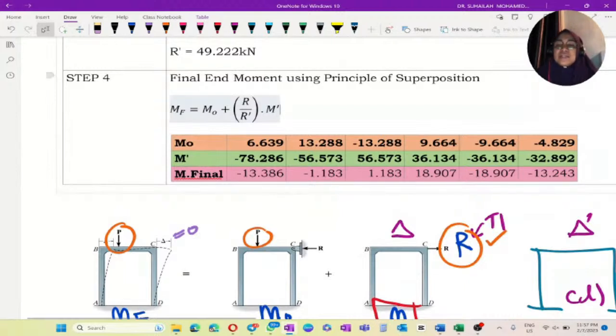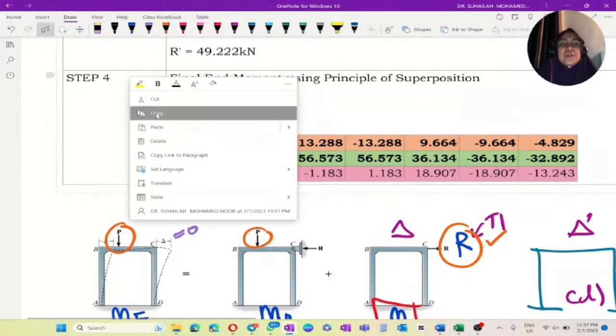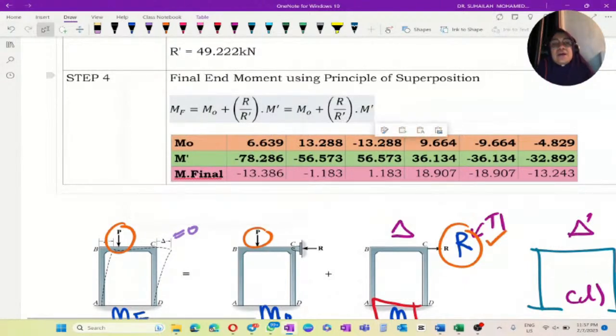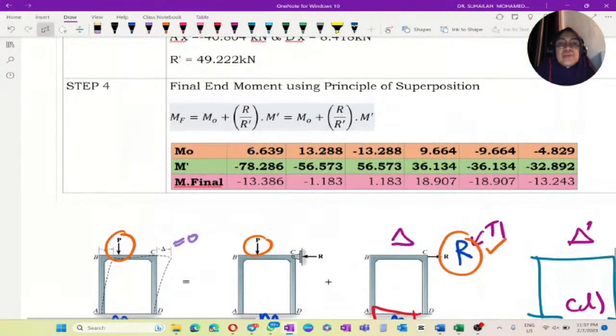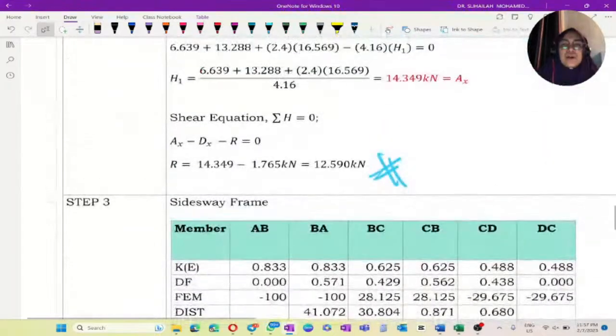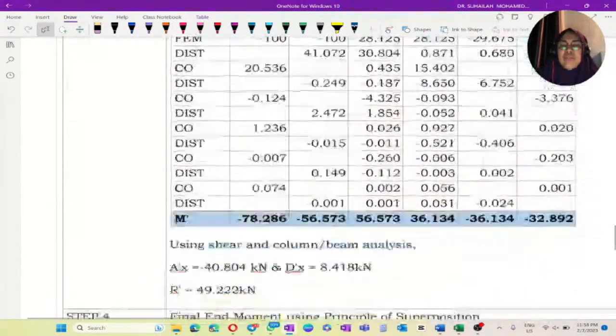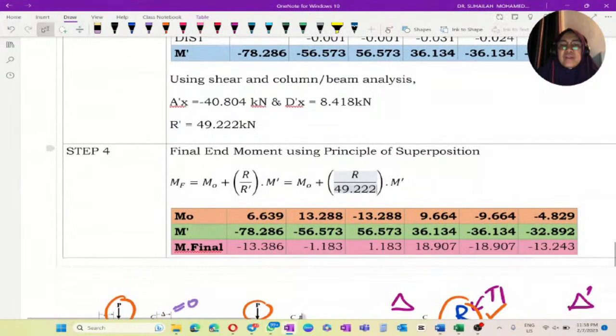We have this as the R prime value. Okay, we just need to replace this. And the R value is actually 12.59.